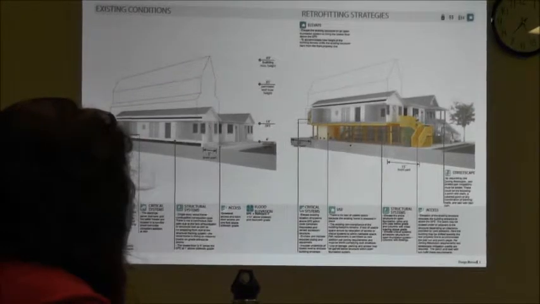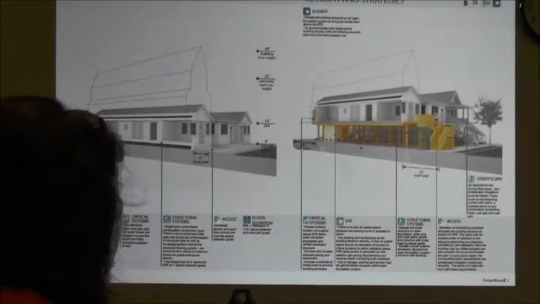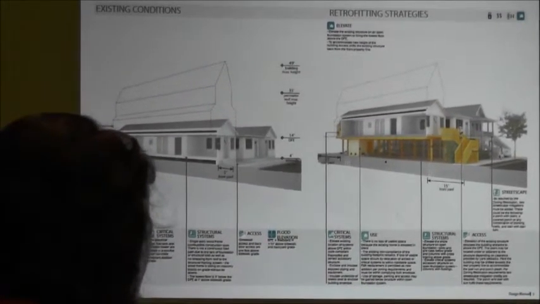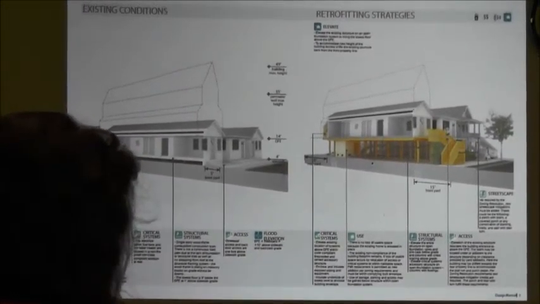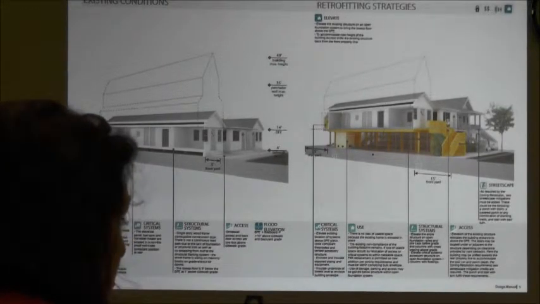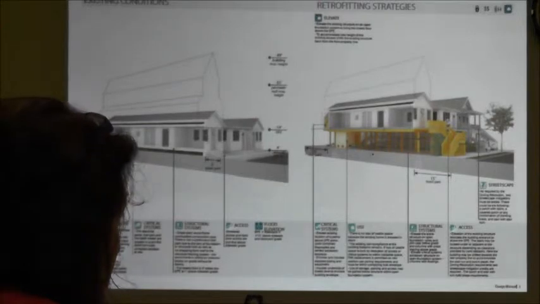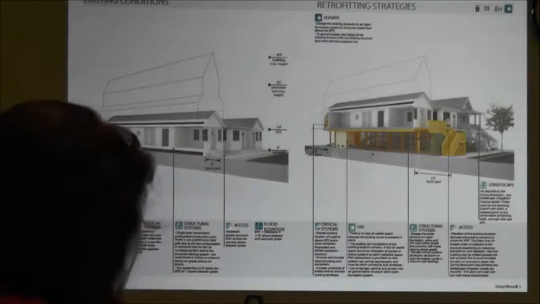If you were to elevate your building up to the DFE, you would be able to build an addition onto this building, but it would have to fit within this zoning envelope, which is very awkward. So sometimes if you're losing square footage, you might not be able to replace it because it's just not going to be efficient construction. And just to keep in mind that sometimes retrofitting isn't the most cost-effective mitigation strategy, especially when you have buildings that are in poor condition. It might just be much more cost-effective to rebuild. Just something to keep in mind.